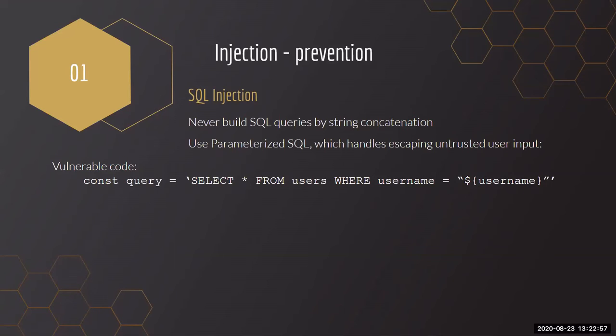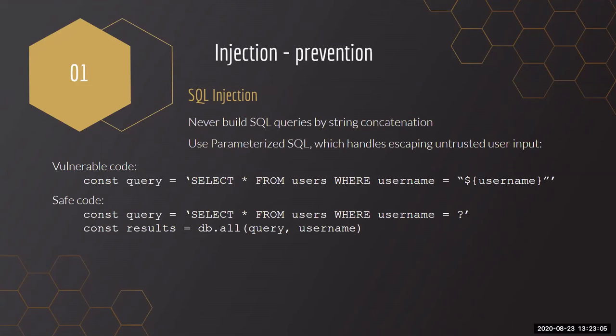So what I mean here is, here's an example of vulnerable code. I believe this is JavaScript, but you get the idea. The vulnerable code is just setting a constant variable here that says select all users from the users table where username equals whatever the user input, and that's concatenating. That's bad.